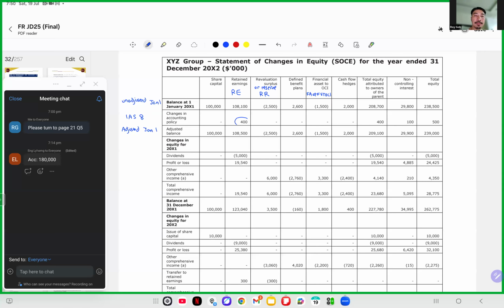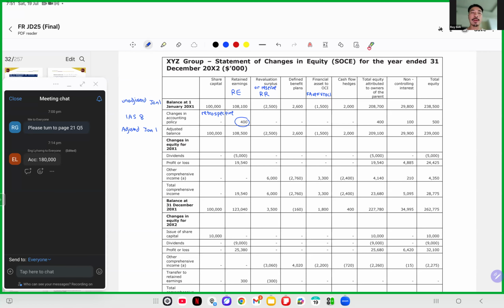This 400 here is known as a retrospective adjustment. What's called retrospective adjustment? You adjust this year as if it was adjusted last year. So you change the comparative and you change the opening retained earning.